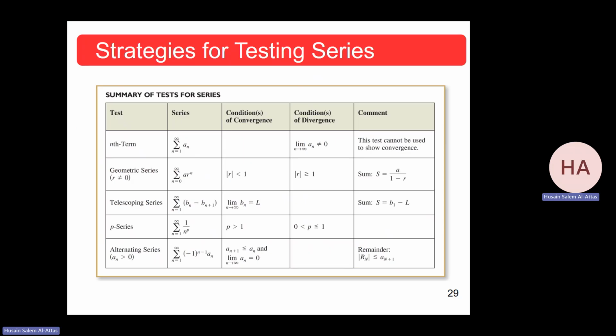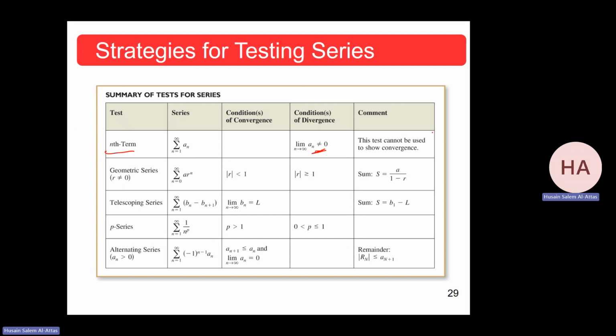That's the main definition. Then we have these tests. We have the n-term test, just to review: check the limit not equal to 0. All the other tests are concerned only with the limit equal to 0. Because if the limit of a_n is not equal to 0, right away the series diverges.